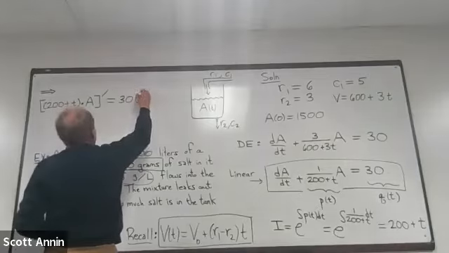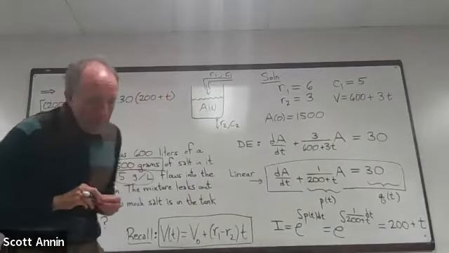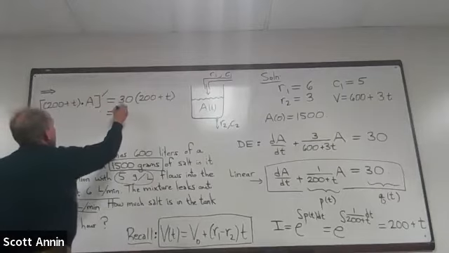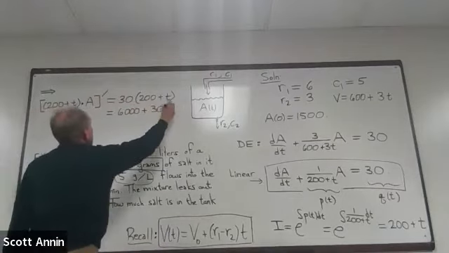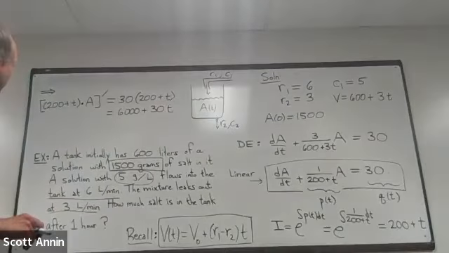And we've now multiplied that by 200 plus t. It's not really necessary, but it might be helpful to go ahead and multiply out the right-hand side. We get 6,000 plus 30t.